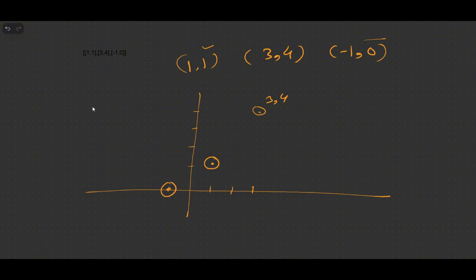Now you can see clearly. First, we need to move from this point to this point. If you see clearly, we need to go this many to the right and this many to the top, right? What is this value? This value is actually equal to 3 minus 1, the x coordinate of the second one minus the x coordinate of the first one.